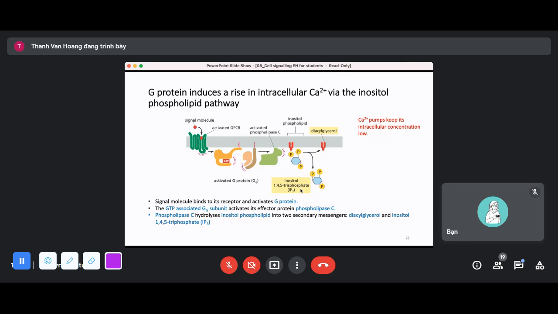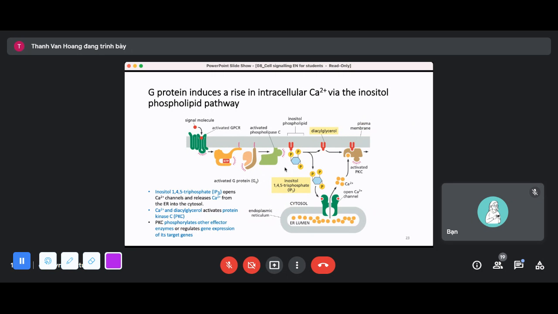When you learn more about cell signaling, you can remember the whole name later. The other part of inositol phospholipid is diacylglycerol. Both IP3 and diacylglycerol are involved in signaling as messenger molecules. Please remember that.